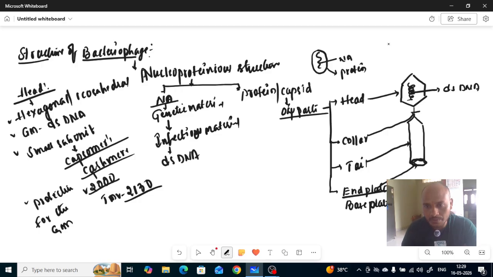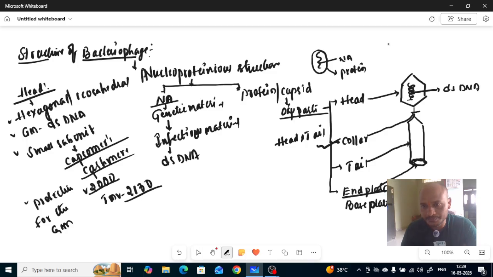Now coming to the collar part, it is a narrow connecting region between head and tail.